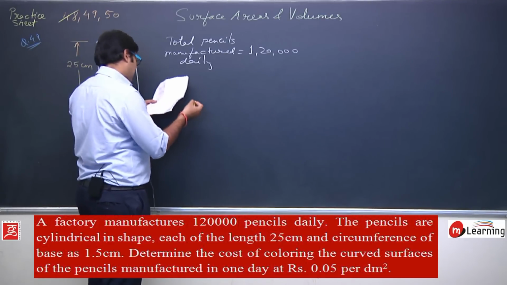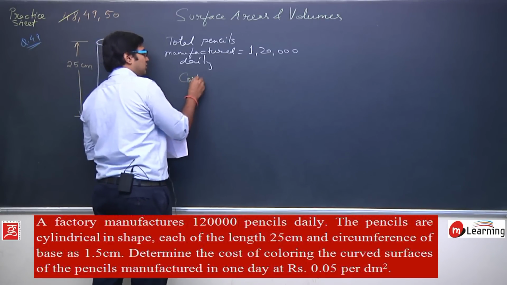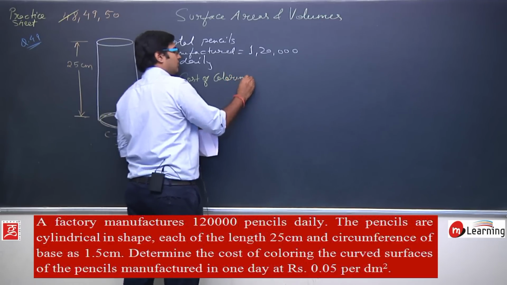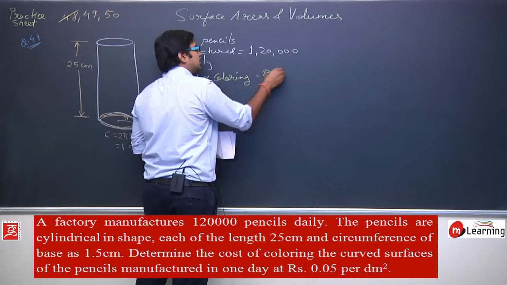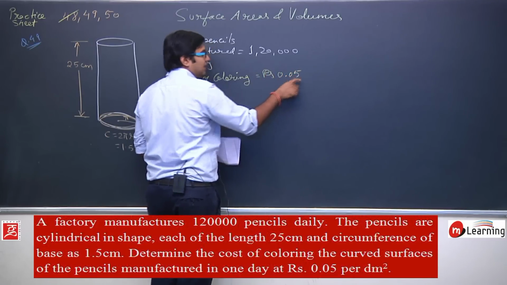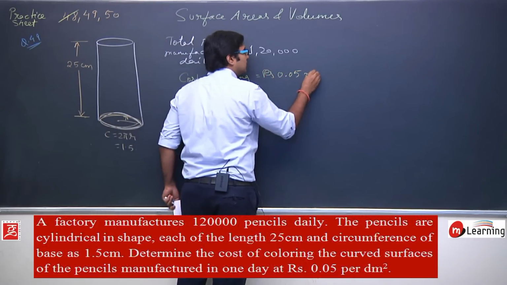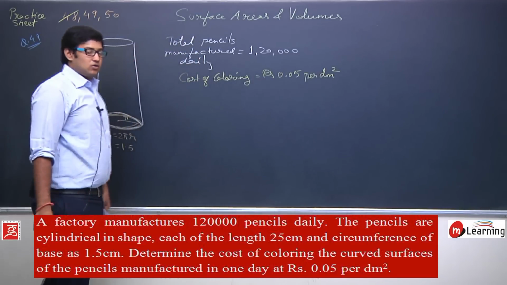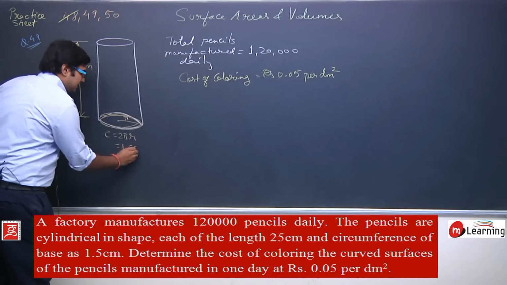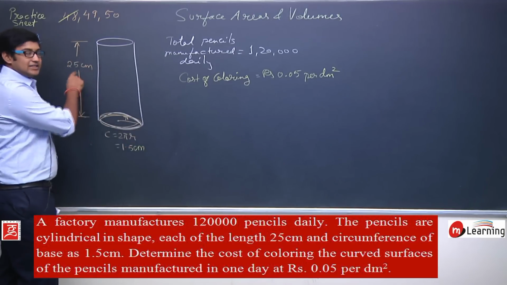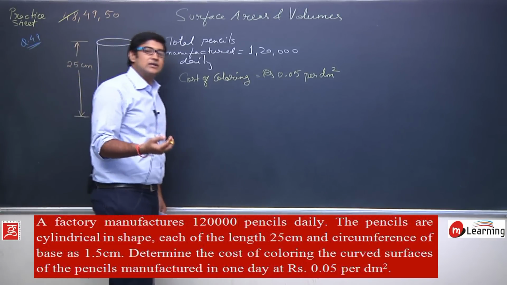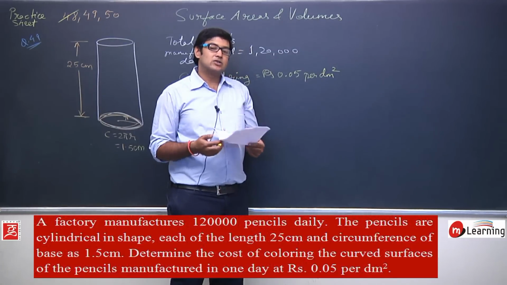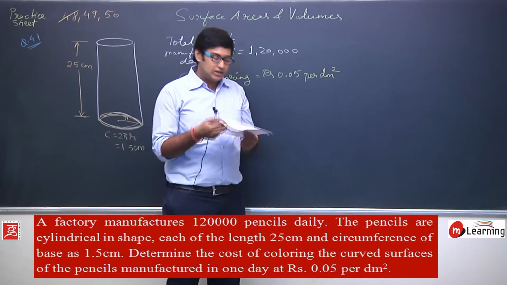So I can say that what is the cost of coloring? It is rupees 0.05 means 5 paise per dm square. Okay. Now in the question, this circumference and this length are given in centimeters, while this is in decimeters. So what I will do, I will convert this unit.